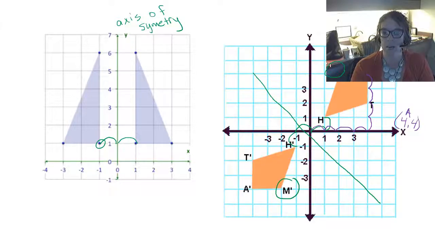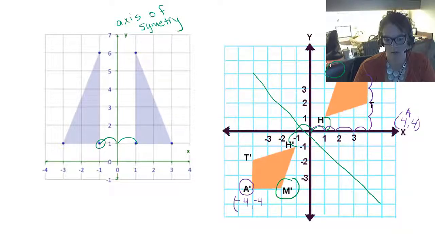Okay, so then where is the new and improved A going to be? Well, technically, you just have to think of what is the opposite. What's the opposite of 4? It would be -4 and -4. So let's count that out just to make sure that we're right. Starting at the origin, which axis do I do first?